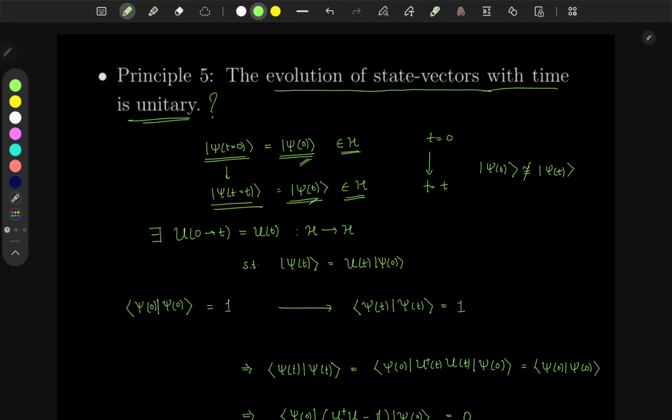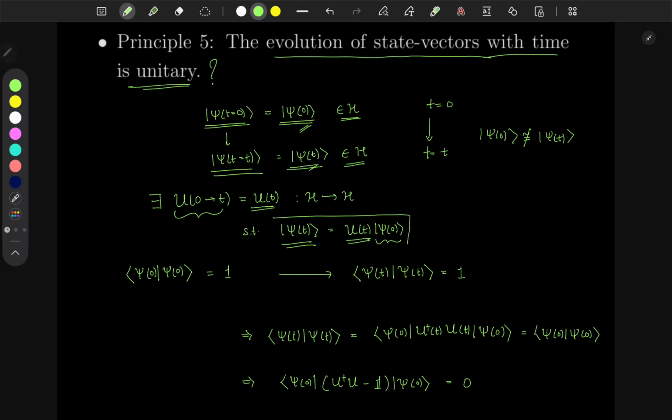But since they belong to the same vector space, you can say that there is an operator U(0 to t), which represents the time evolution from time 0 to t. I represent it using the symbol U(t) simply, and this is a map from the Hilbert space to itself. It's an operator such that when you take psi at 0 and multiply it by U(t), you get the quantum state at time t.